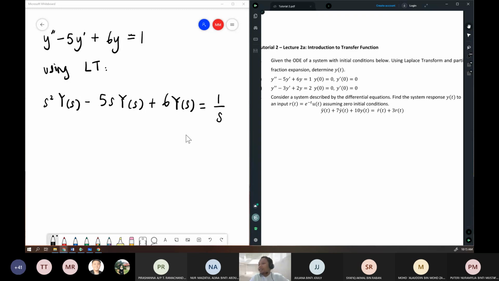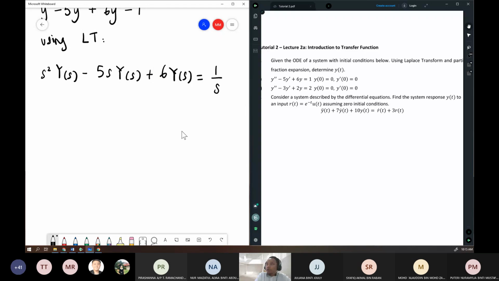Okay, so after this, you can rearrange the equation to get Y(s) equals something. So first you can factorize Y(s), and then you can write Y(s).